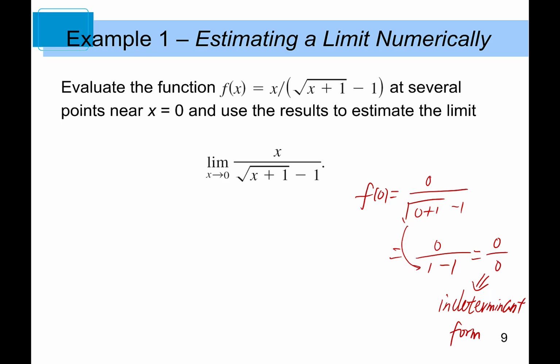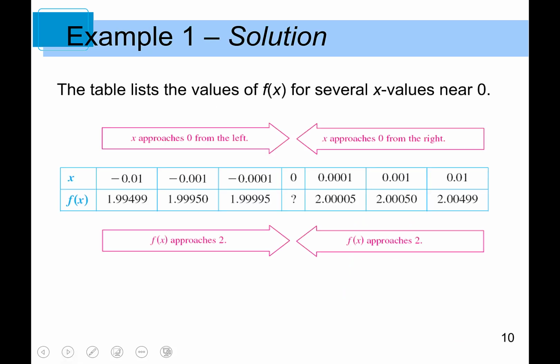So I'll just give you an intuition of what happens here. We want to investigate, when x approaches 0 for this particular function f of x, what happens to the limit. So we create a table just like what we did in the previous example.